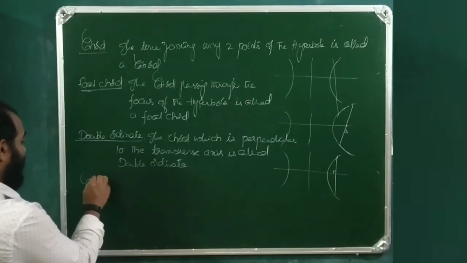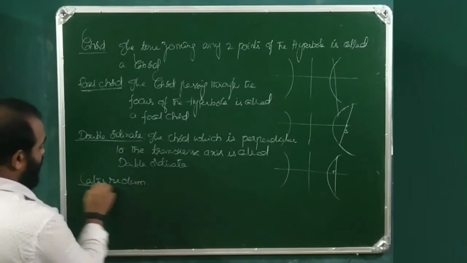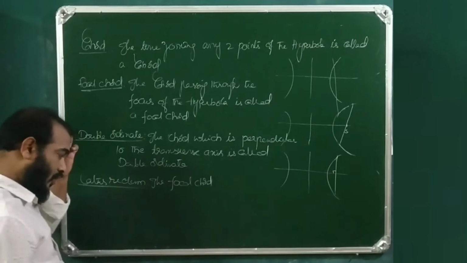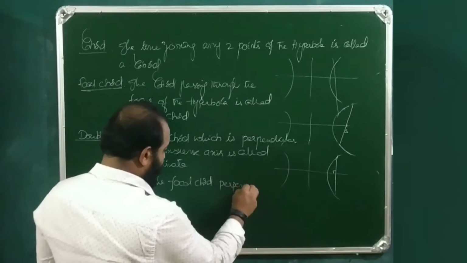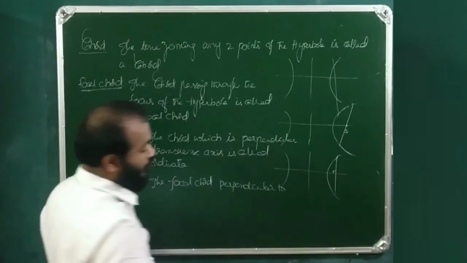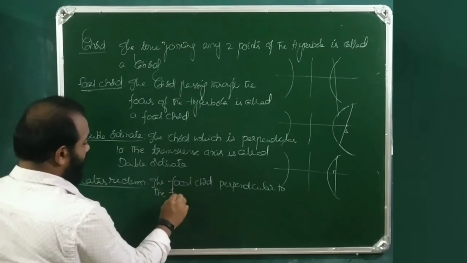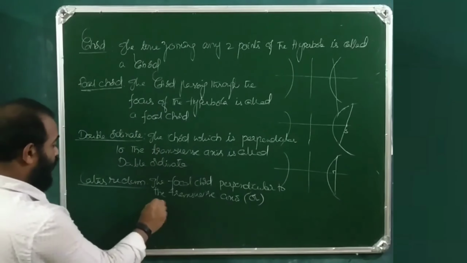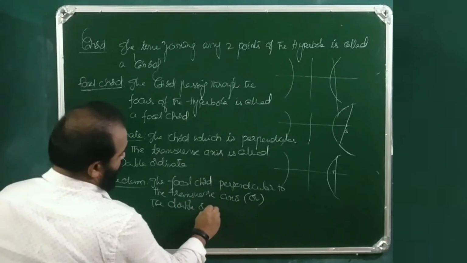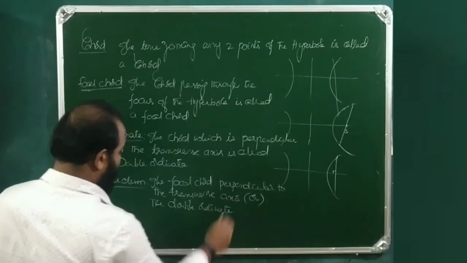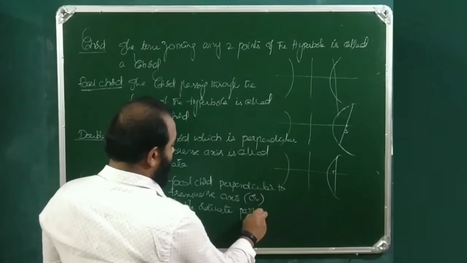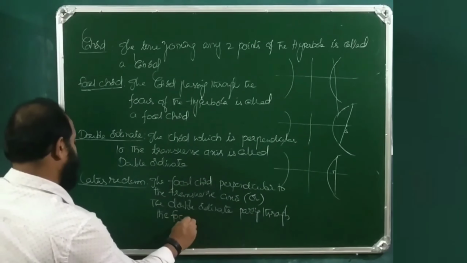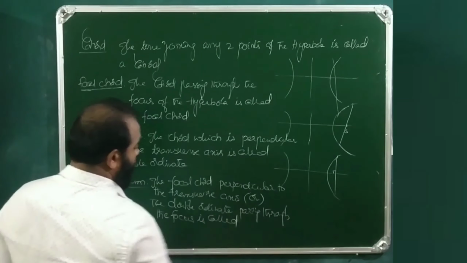And latus rectum. The focal chord perpendicular to the transverse axis, or in other words, the double ordinate passing through the focus, is called the latus rectum.